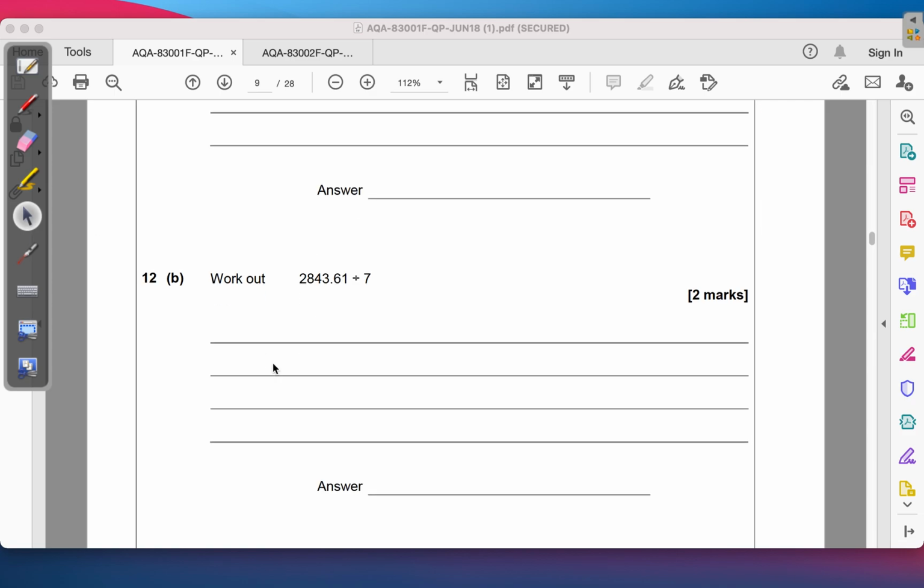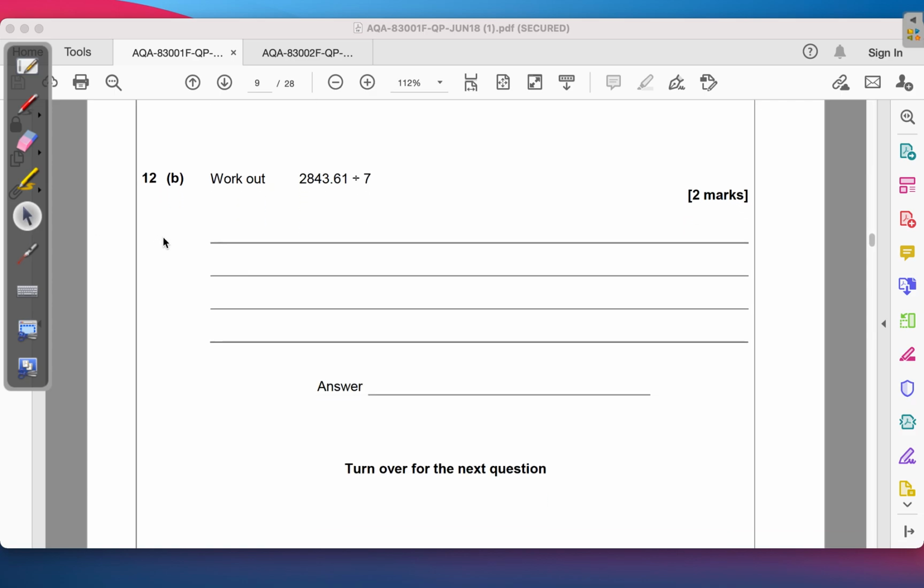Okay, so next one. 2.843 divided by 7, 0.61 divided by 7, sorry. So this is going to be difficult to do on its own. So what we're going to do is we're going to times this number by 100 to get rid of the decimal point. So 2,843, 61. We've timesed by 100.